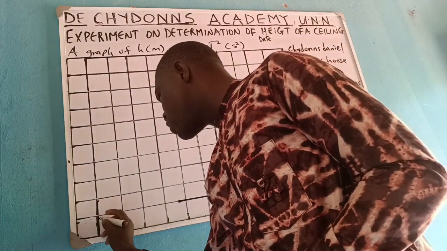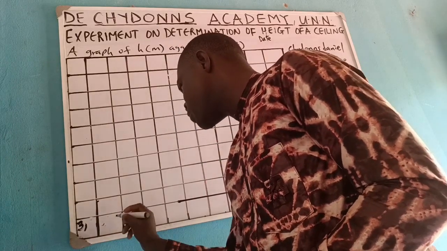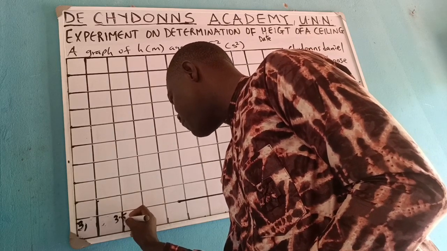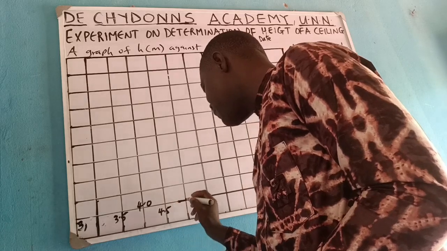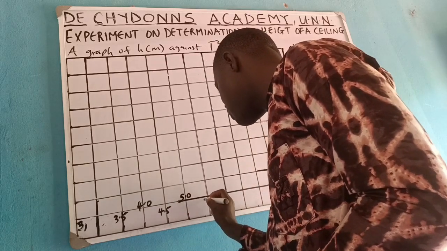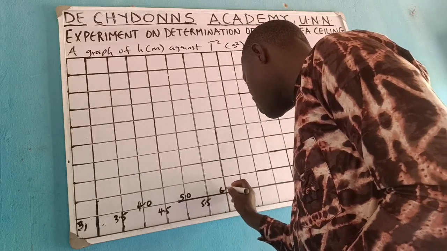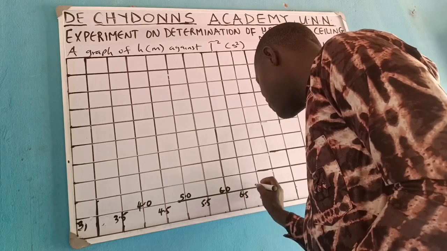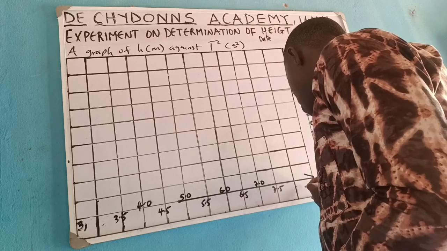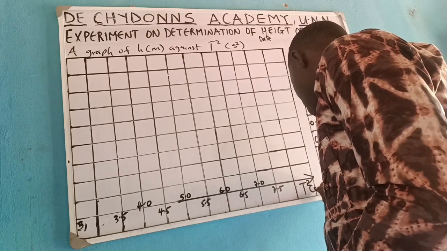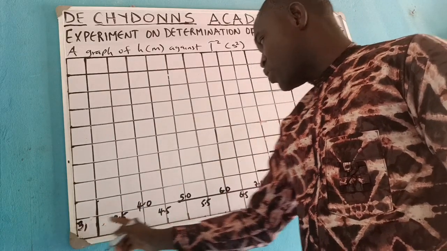So for the horizontal I will say: 3, 3.5, 4.0, 4.5, 5.0, 5.5, then 6.0, 6.5, 7.0, 7.5. Then label your Cartesian axis as t square in second squared. Then this is for the x-axis, or the horizontal axis.